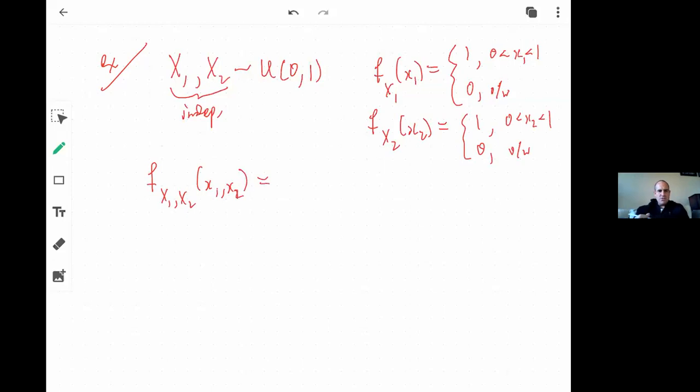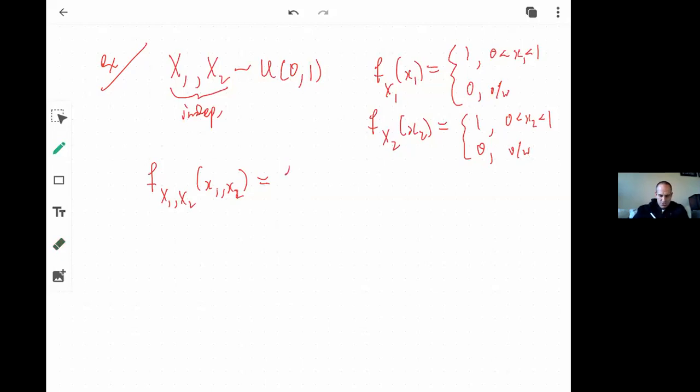Well, it's just going to be the product of these two things. I would multiply these two things together. Let me just write that down for good measure.